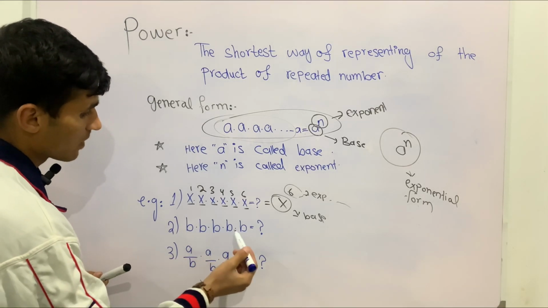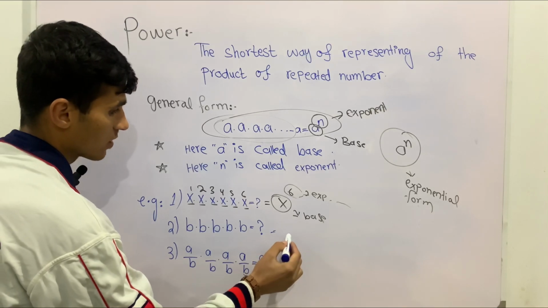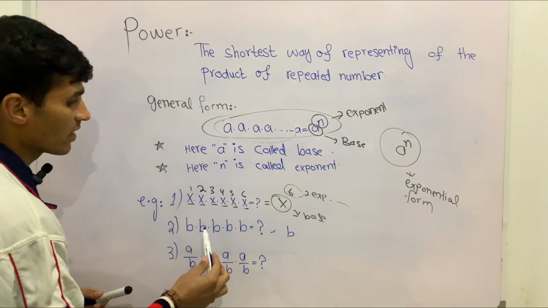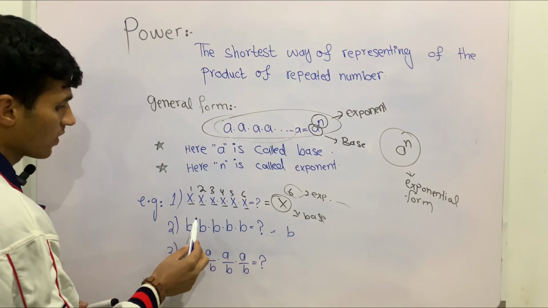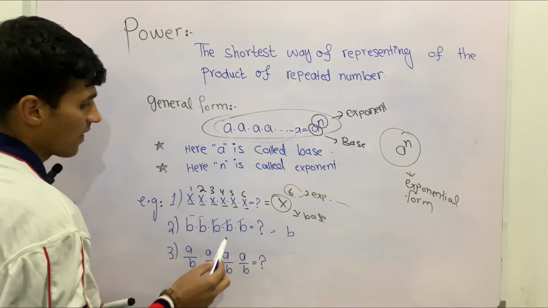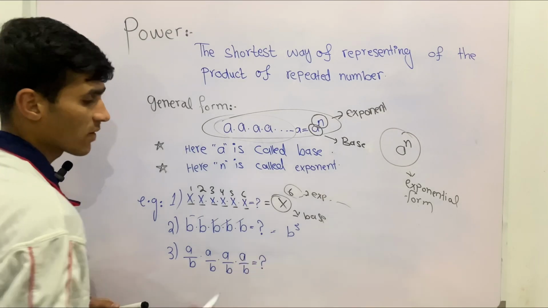How do you represent this number? B multiplied by B multiplied by B. Of course, you take just B, then add its power. How many B do we have here? 1, 2, 3, 4, 5. B to the power 5.